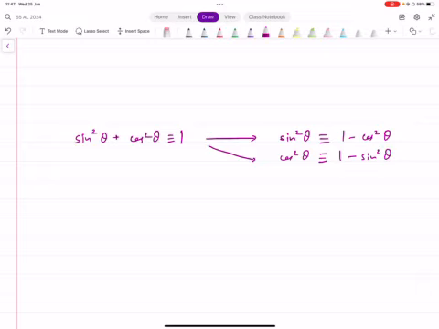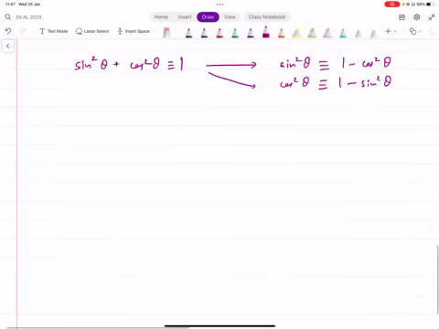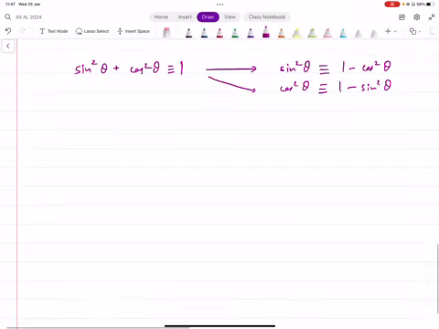We'll be using these two a lot to convert sine square to cos square and cos square to sine square, right? So in one equation, we might have both cos and sine. If we want to solve that equation, we would need to have a single function. So we can convert either sine to cos using this or cos to sine using this. Okay? You'll understand that better when we do some examples.